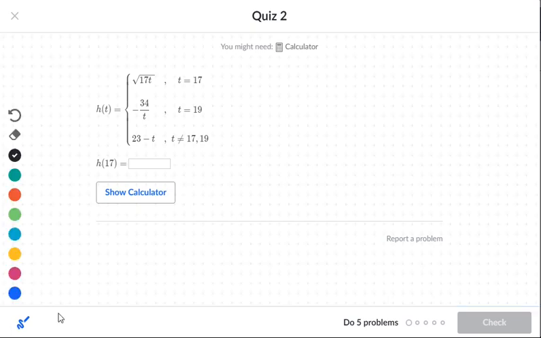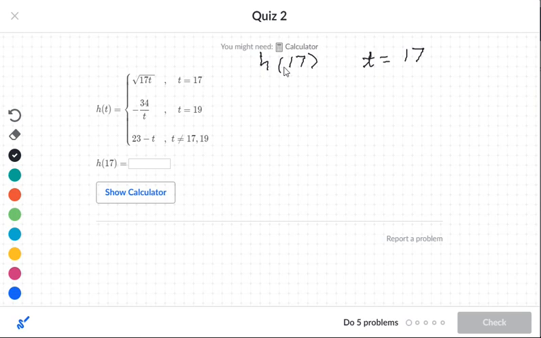Okay, first question here. We're given h of 17. So they're giving us the function h of 17. In other words, these are letter t's, so t is equal to 17.